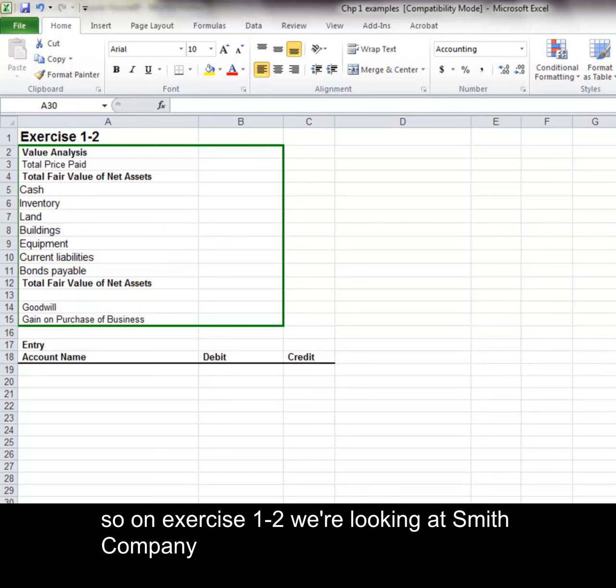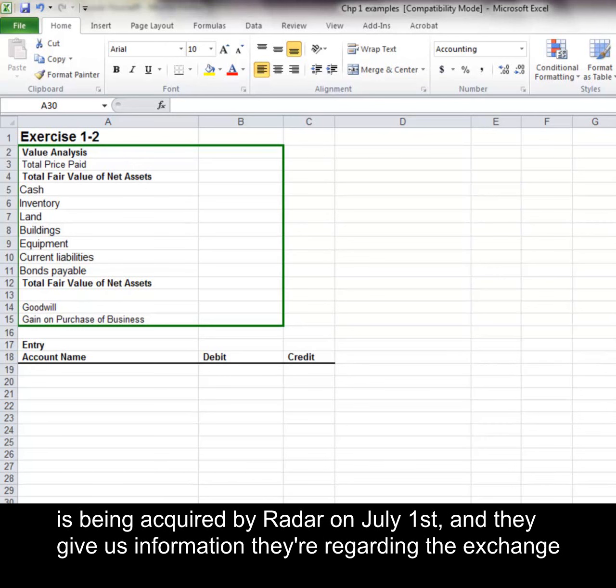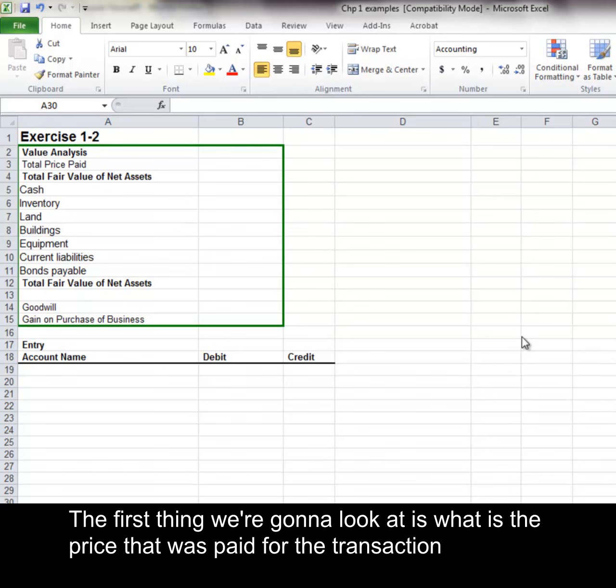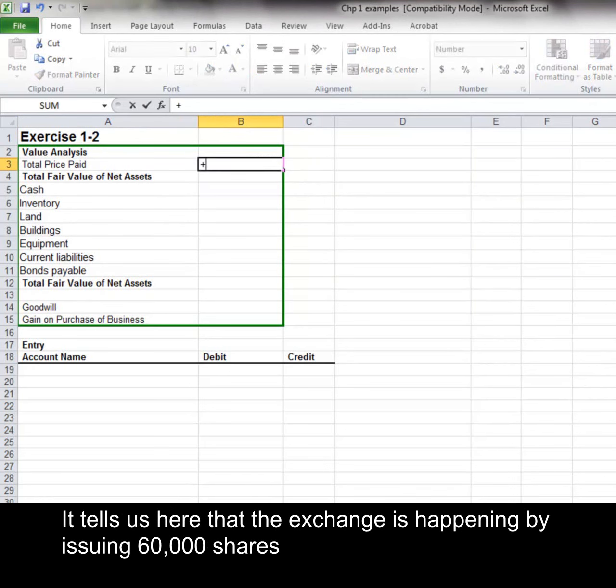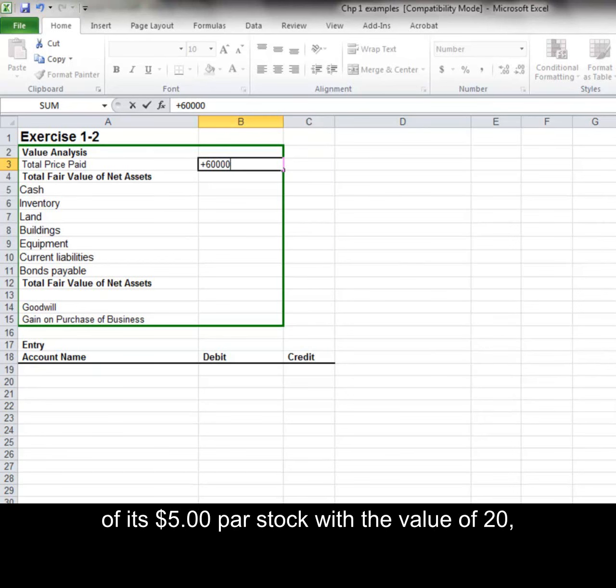So on exercise 1-2, we're looking at Smith Company being acquired by Radar on July 1st, and they give us information regarding the exchange. The first thing we're going to look at is the price that was paid for the transaction. The exchange is happening by issuing 60,000 shares of its $5 par stock with a value of $20.